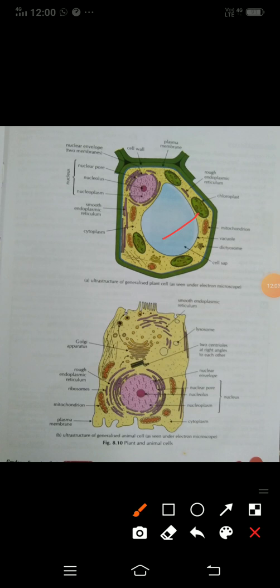Cell sap means vacuole is there, and you know the plant cell has a large vacuole because it contains large amounts of many types of foods, minerals, etc. So it has a large vacuole, but in the animal cell this vacuole is small, not always present. When it is required, then it is present, and after that it is not present in the cell.